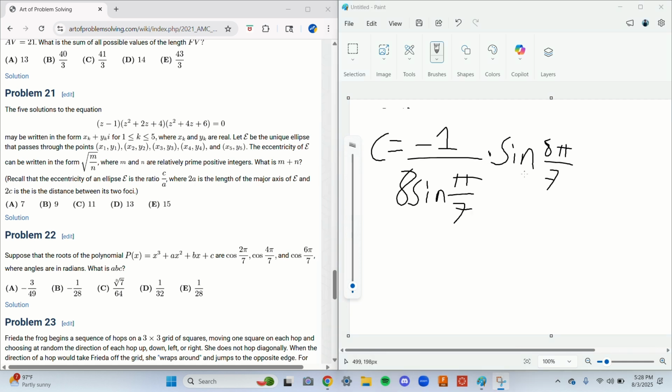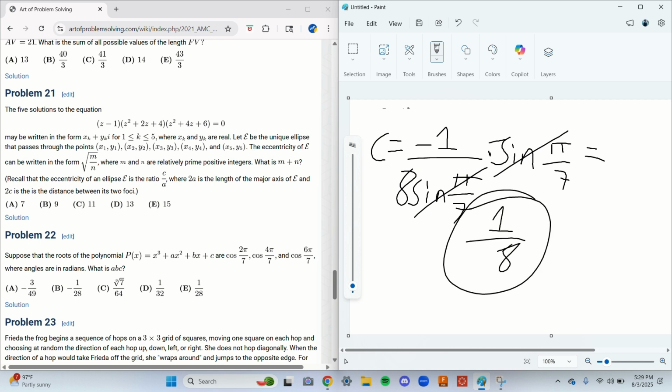Now we have sine of 8 pi over 7 and the sine of pi over 7 here. We can subtract 7 pi over 7, which is just pi, and since sine is an odd function, we'll have a negative out here. So sine of 8 pi over 7 is just negative sine pi over 7. These sine pi over 7s cancel out, and we're left with 1 over 8. So we found the value of c. That's one of the coefficients.